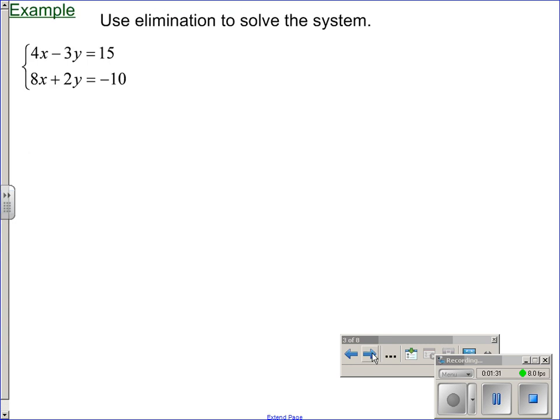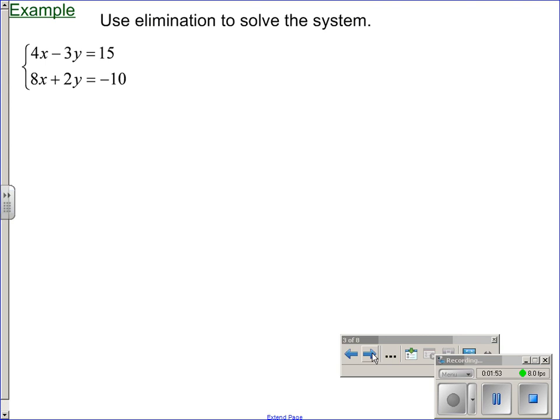Let's do an example problem. Okay, so it didn't say eliminate x or eliminate y. It's just whichever one is easier. I'm looking at these two equations here, and I'm looking at the x's. I think this is going to be the easiest, but you can eliminate the y's just as easily because they're already opposite signs.